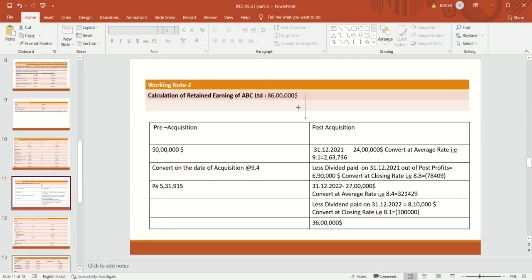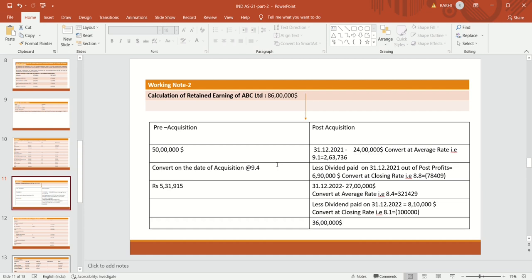These 86 lakhs include both post- and pre-acquisition retained earning, so we will bifurcate it. Pre-acquisition, we know it is 50 lakhs on 1st January 2021, and the remaining 36 lakhs we will break up.